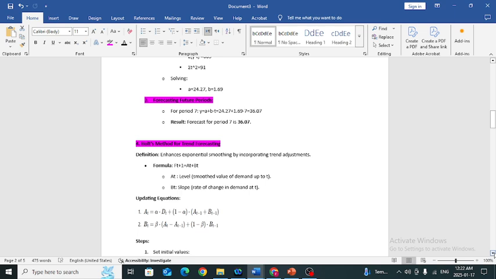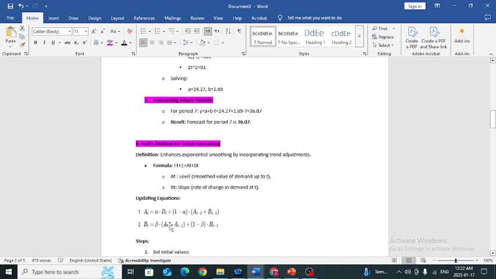The formula of Holt's method is F(t+1) equals a_t plus b_t, where a_t is the level, the smoothed value of demand up to t, and b_t is the slope, the rate of change in demand at t.